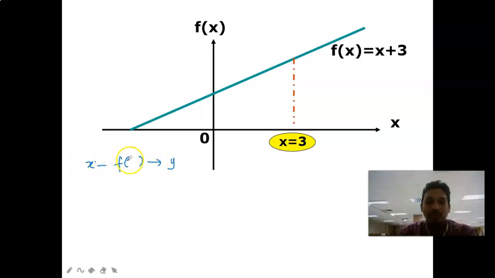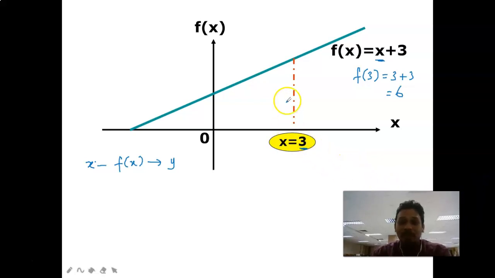Now, x equal to 3. If we substitute into f(3), substituting x with 3 here, plus 3 equals 6. This is when x is exactly equal to 3.